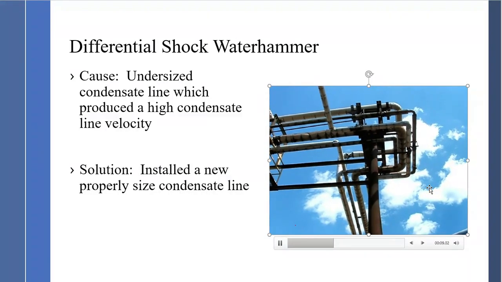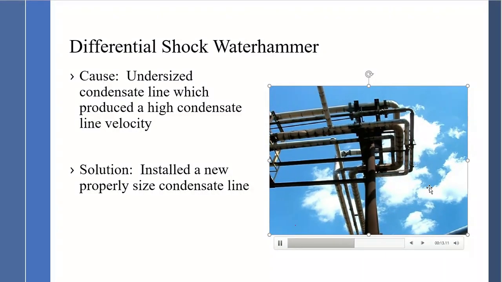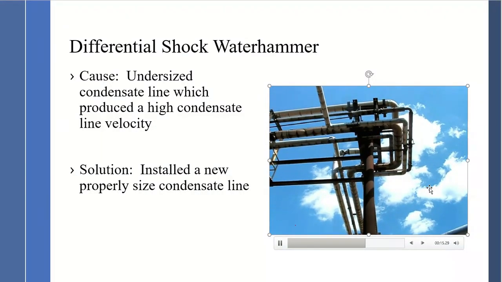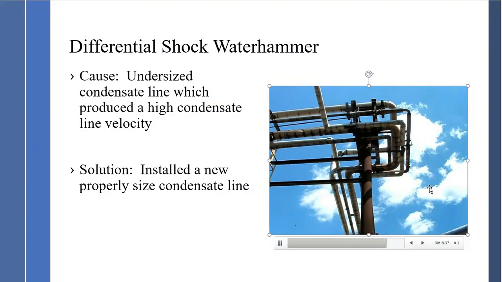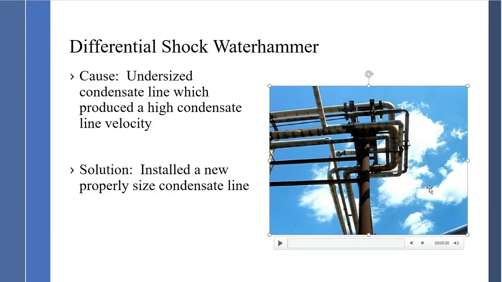Again, the differential shock was caused by an undersized condensate line, which produced a high condensate line velocity, and you can see the reactions that were occurring in the system. What ended up in this application was a new condensate line had to be installed, properly sized, supported, and guided into the system.